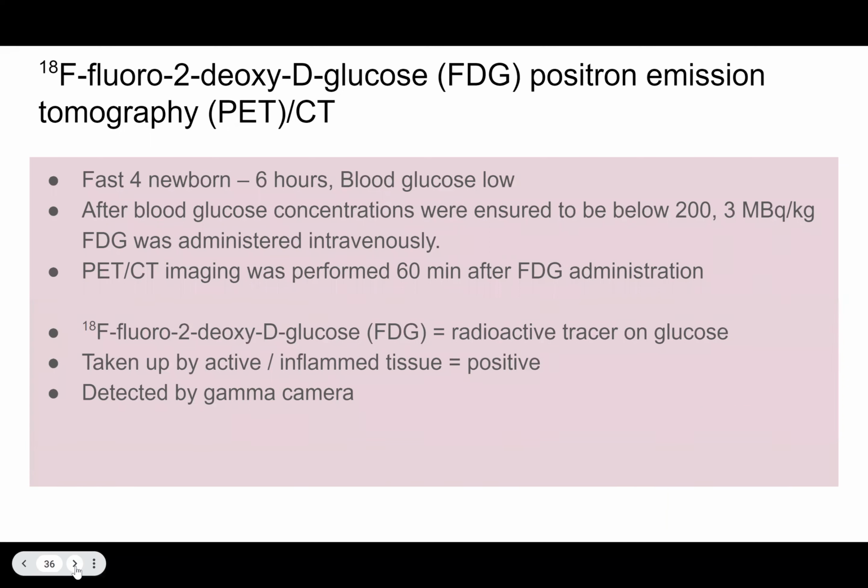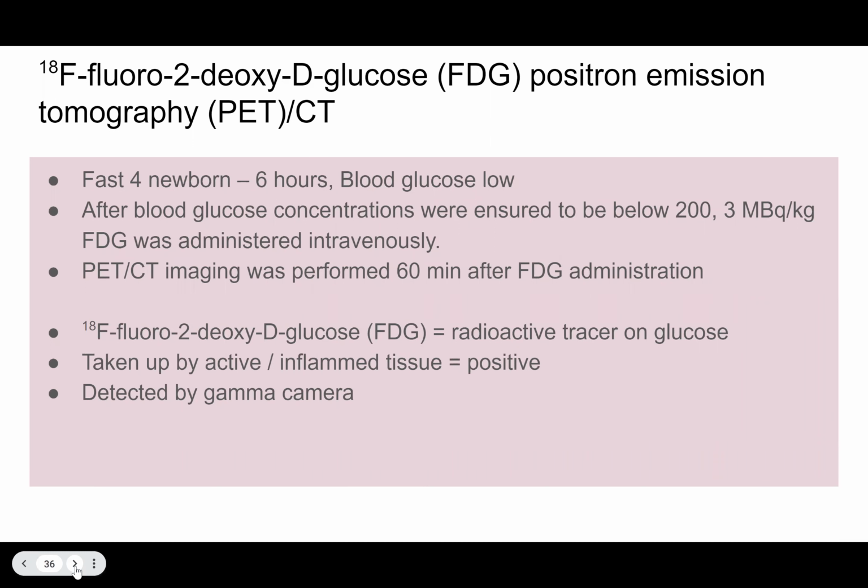So this is just basic details regarding PET scan. Fasting is required because this is a glucose-based test. The main principle is that we are labeling this FDG form of glucose, D-glucose, with the tracer.